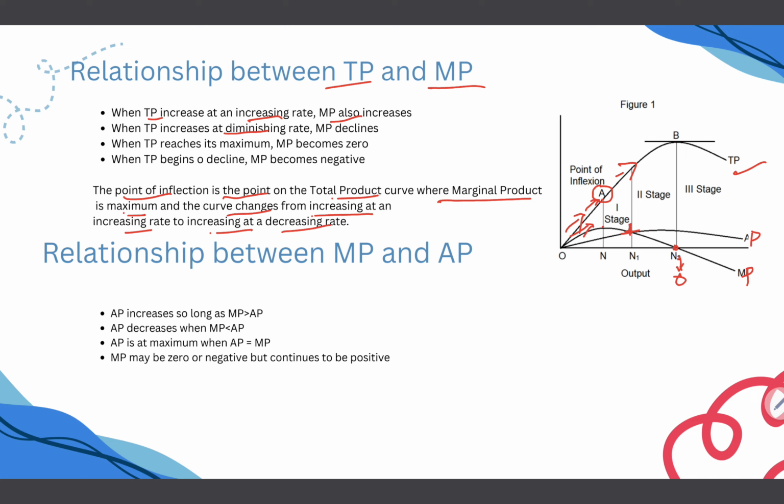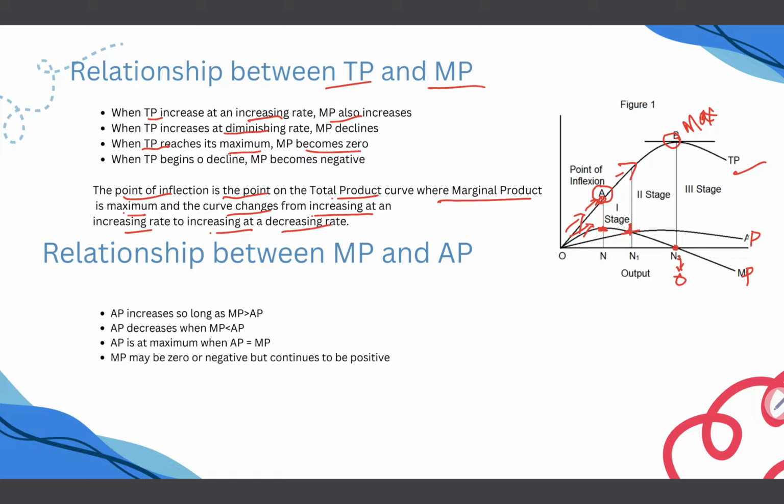Because after this point we observe that MP is maximum at this point, and here we see this point A, which we call the point of inflection. After this point, our MP is positive but declining. So after this point in the TP curve, our total product is also increasing but at a diminishing rate. When TP reaches its maximum at point B, MP becomes 0.